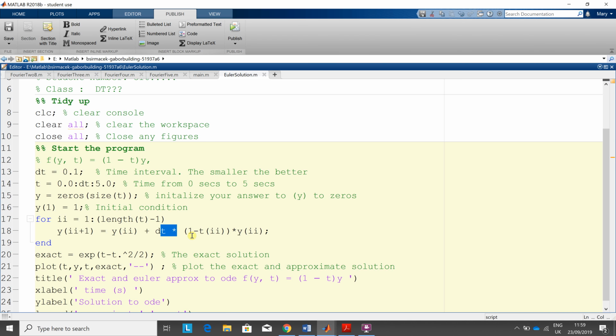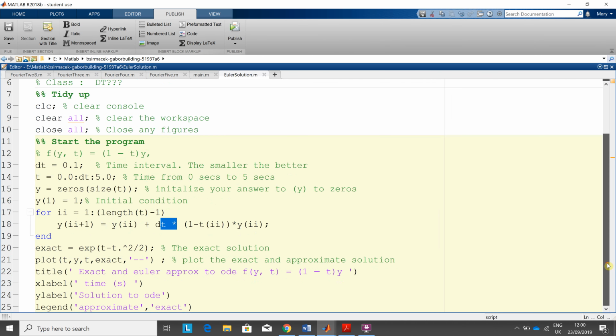And the function at yn, tn is 1 minus t by y(i). You loop around there 50 or 60 times, so y will contain the approximate answer. There's the exact one.